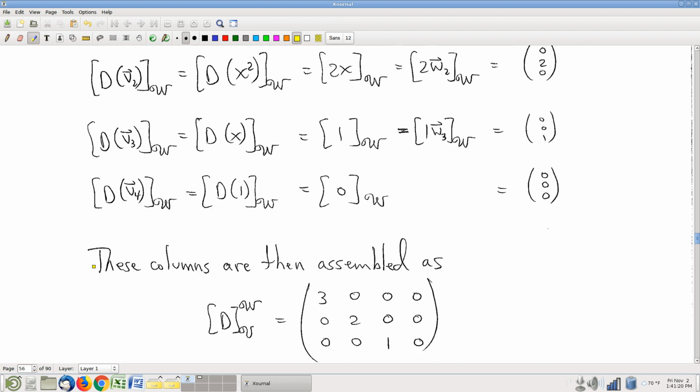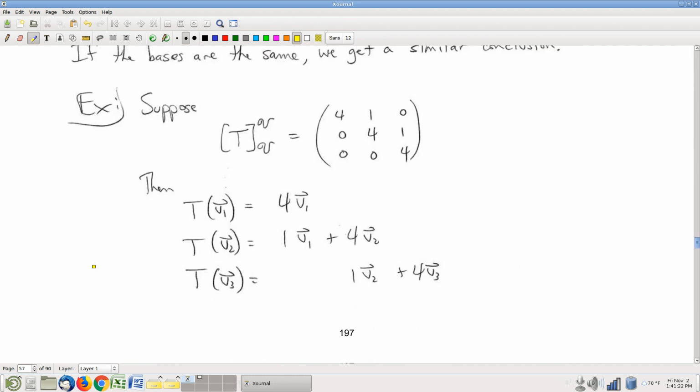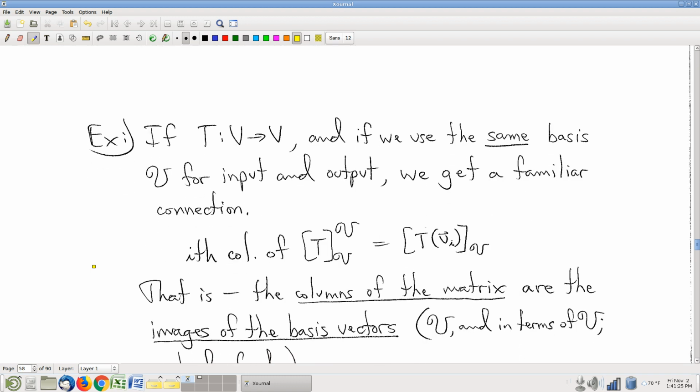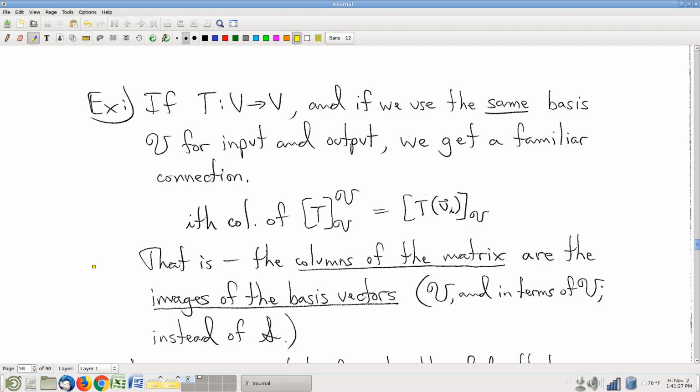We talked about some examples last time, different kinds of examples. So I just want to make an observation now. This is actually pretty closely related to something we saw quite a while ago. Well, last week anyway. Let's consider the special case where you're looking at a linear transformation from a vector space into itself. So W is V. So a linear transformation from V to V. And then furthermore, use the same basis for both the input and the output.